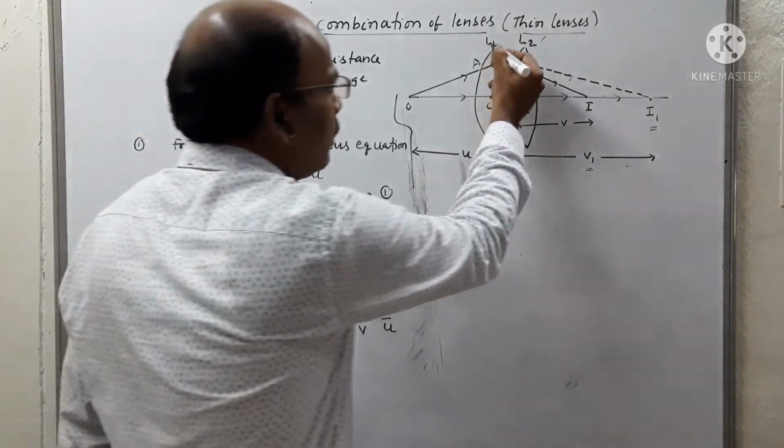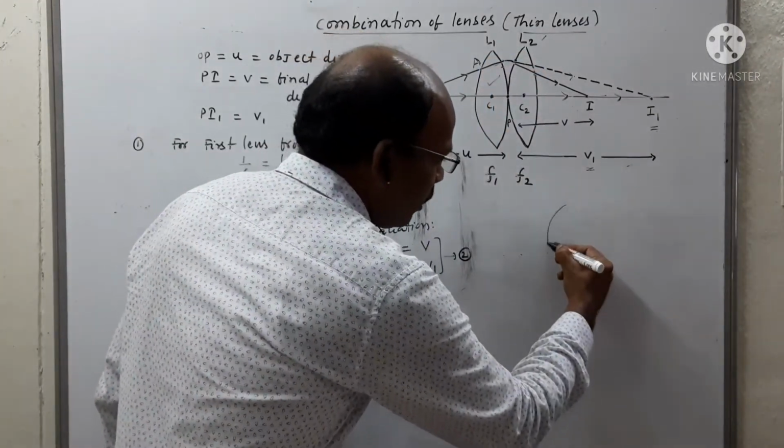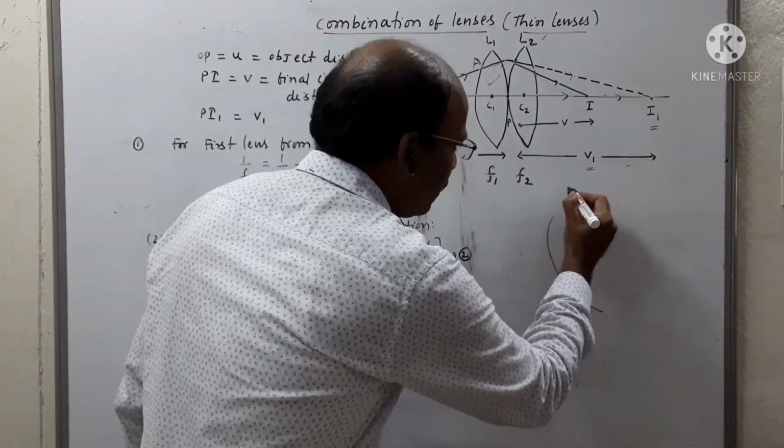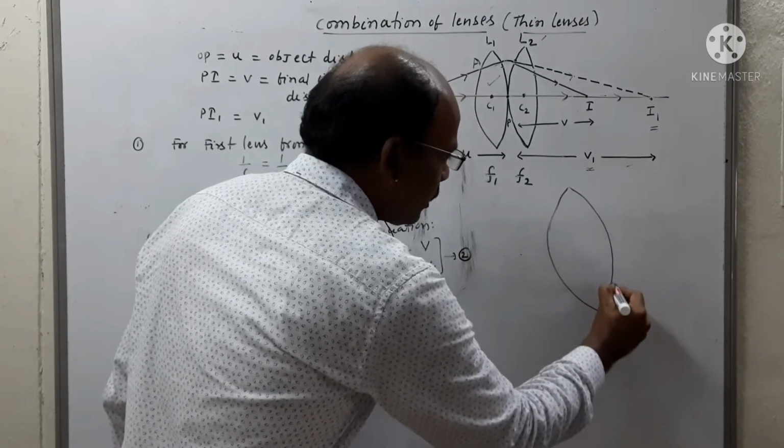Here we are observing that suppose the entire combination is treated as a single convex lens.